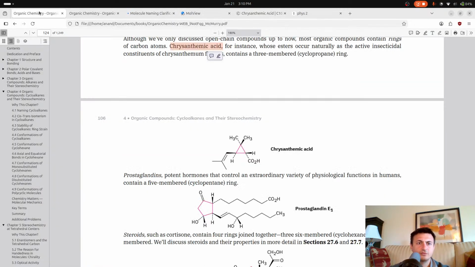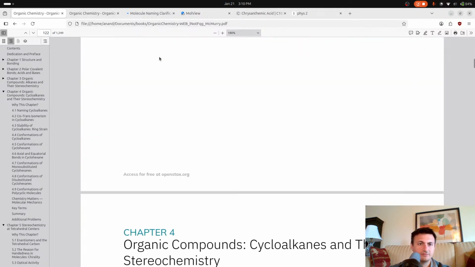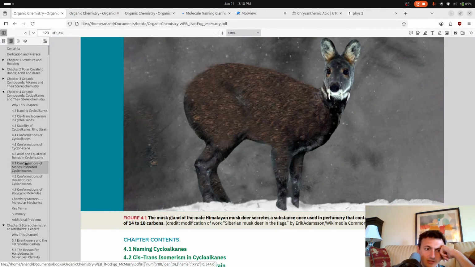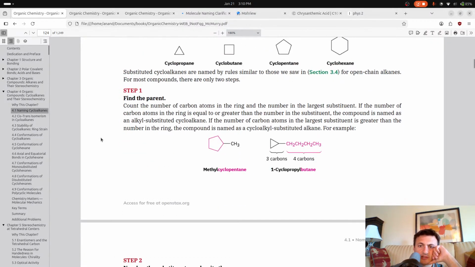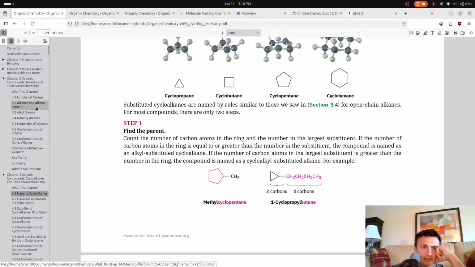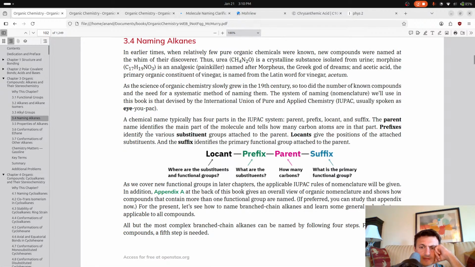What is our formula again? If we go back up to, let's duplicate this, it's always good to have 3, I think. So if we go back up to naming cycloalkanes, or not cycloalkanes, we need to go back to naming alkanes. Suffix, what is the primary? So we really haven't done any of this yet. We've only really done locants and prefixes.